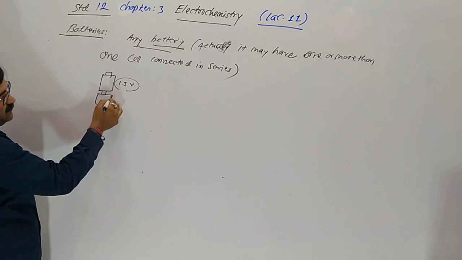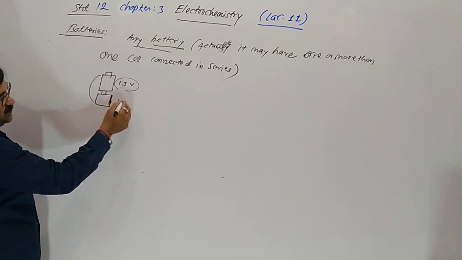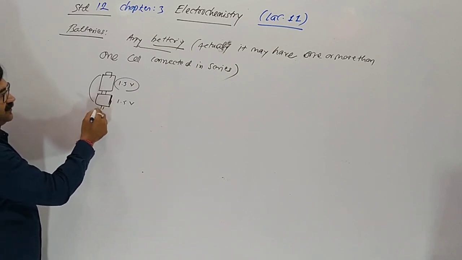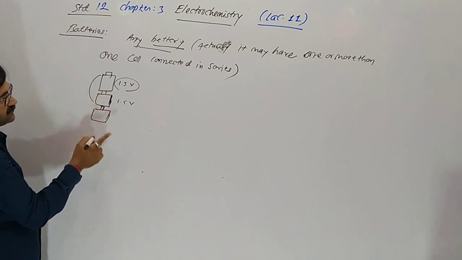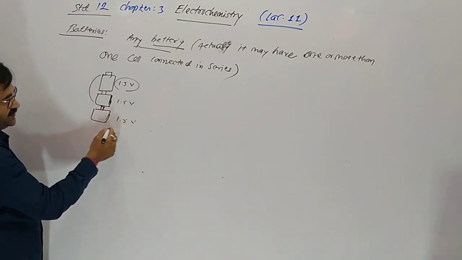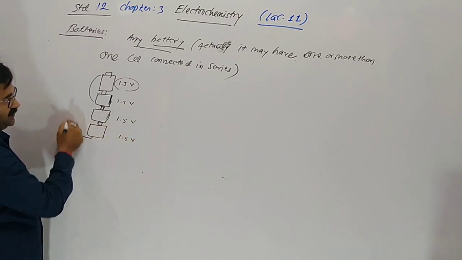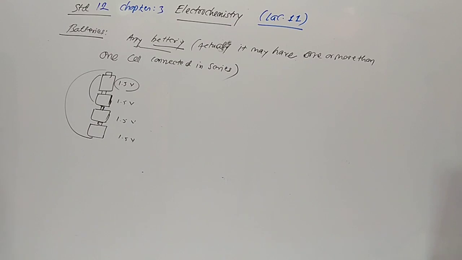For getting 3 volt, we take 2 cells in series. For 4.5, 3 cells. For getting 6 volt, 4 cells are combined in series. So it gives electrical energy.